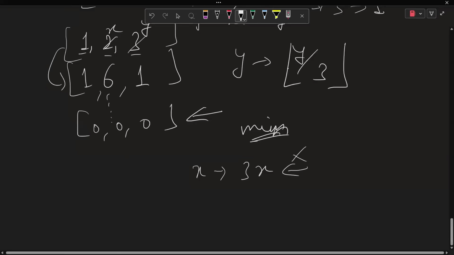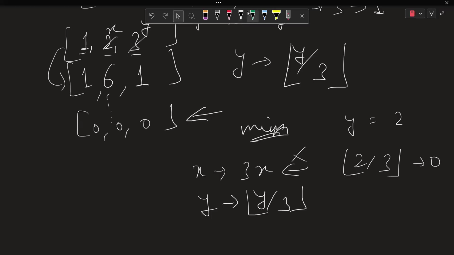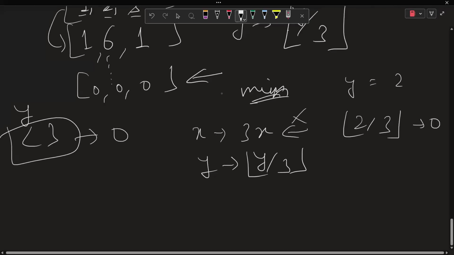What can make a number fall to 0 is replacing Y with Y by 3. Let's suppose we are selecting Y as 2. What would be 2 by 3 floor division? 2 by 3 is 0.667 and floor division of that would be 0. So any number which is less than 3, when that is selected as a Y, would fall to 0.